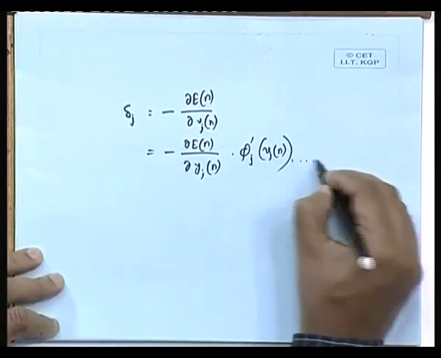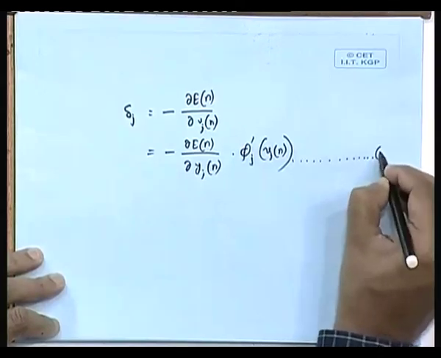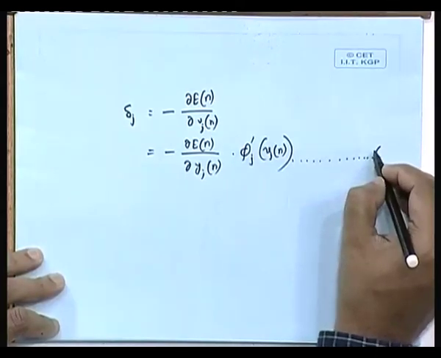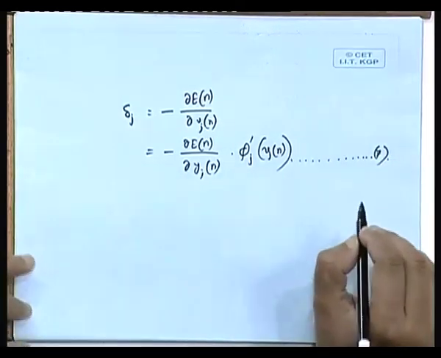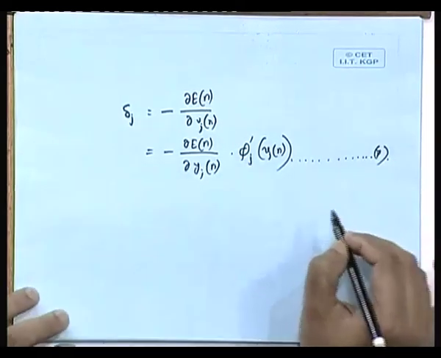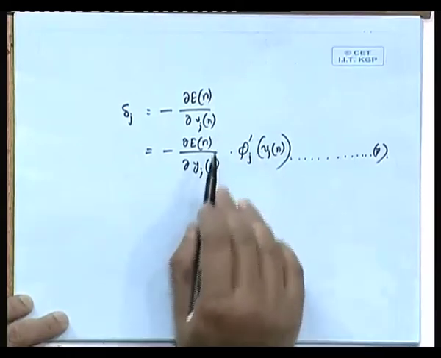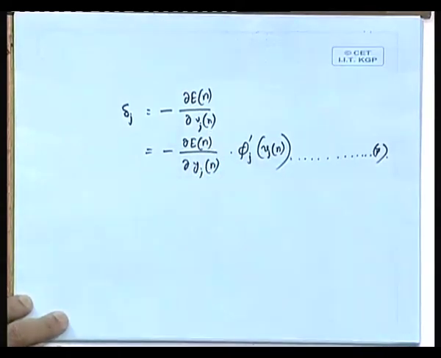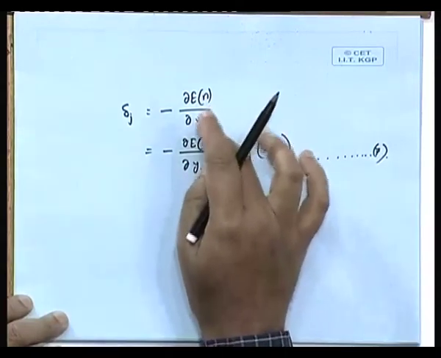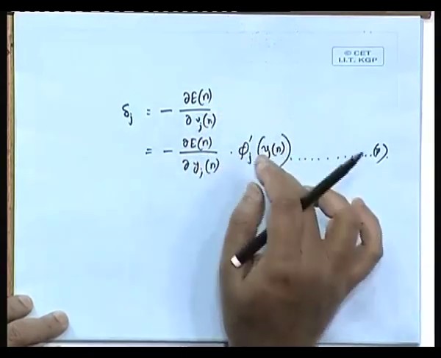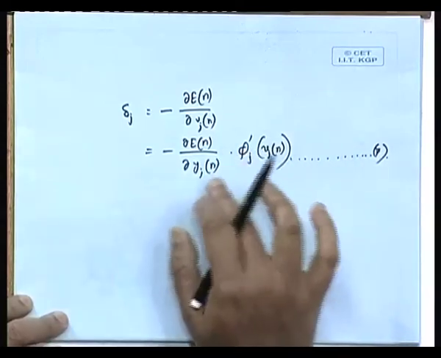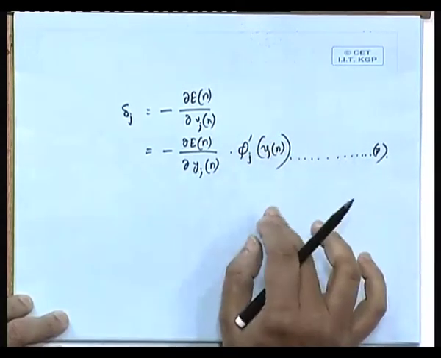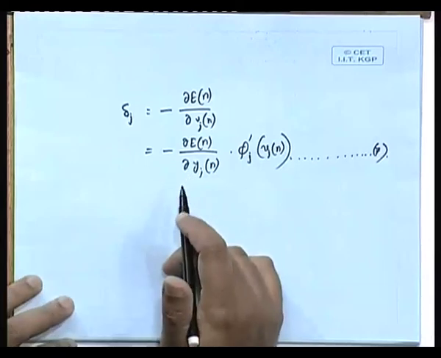This is equation number 7. This is again a simple chain rule: instead of taking the derivative with respect to Vj, we first take the derivative with respect to Yj and then the derivative of this function with respect to Vj.